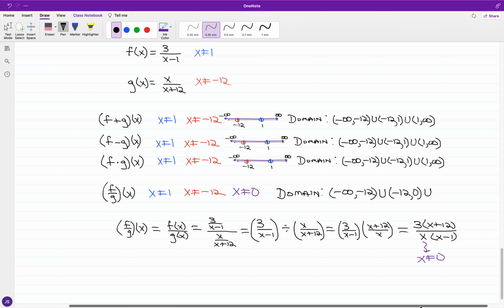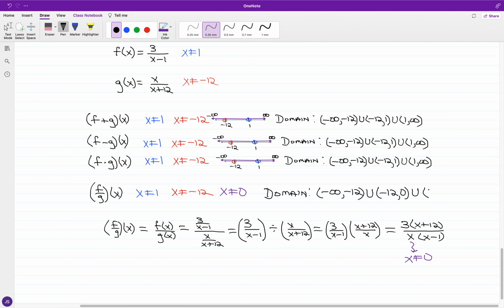And then values of x between 0 and 1. And then heading down the home stretch, those values of x which are greater than 1. So with the added restriction that x cannot be 0, we have 4 sub-intervals as opposed to 3, which we have for the sum, difference, and product functions.